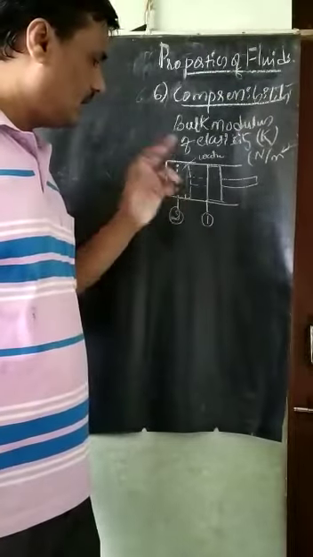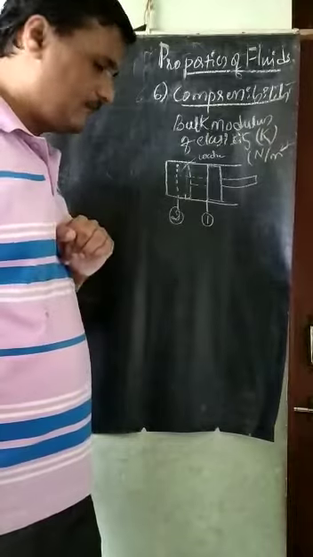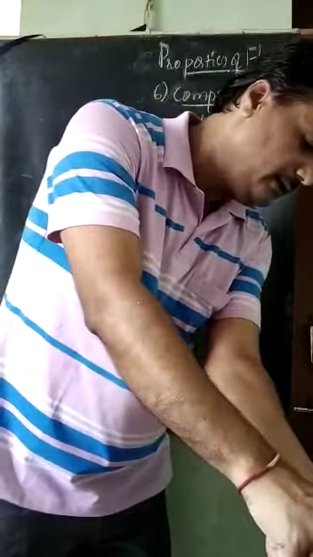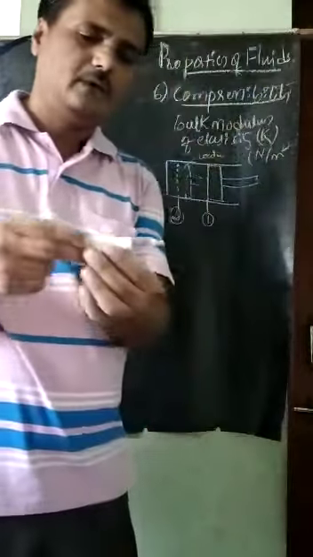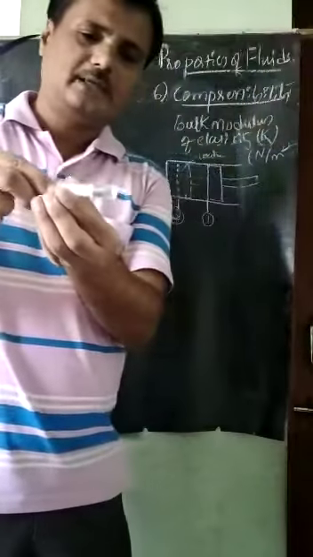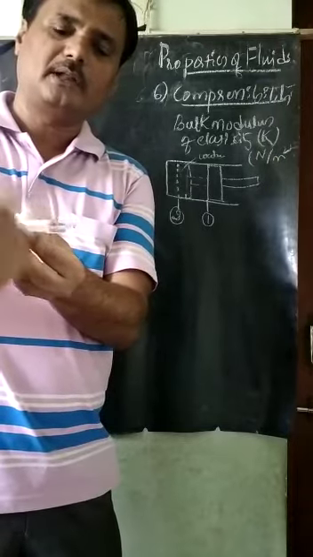If I take that water here, what happens in this case? The arrangement is just like this. So this is the initial position of the piston, and water is taken inside.